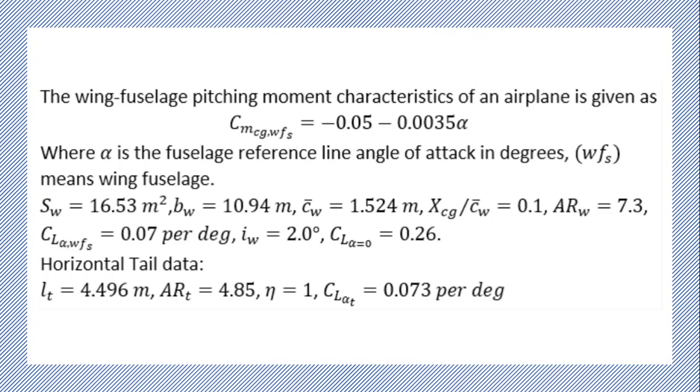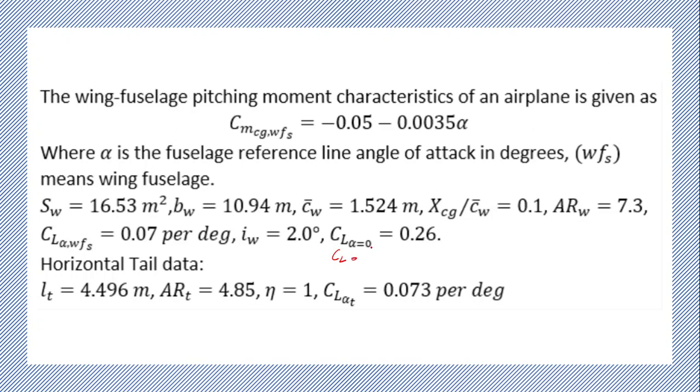And then they've given you the wing parameters, that is the wing area, wing span, wing mean aerodynamic chord, xcg upon c bar, aspect ratio of the wing. Then they've given you CL alpha of the wing fuselage combination. Then they've given you wing setting angle and CL naught. CL at alpha equal to 0 is nothing but CL naught. This is CL naught. Okay.